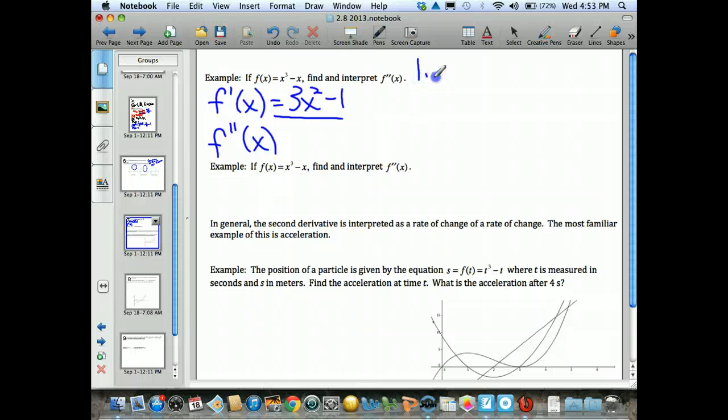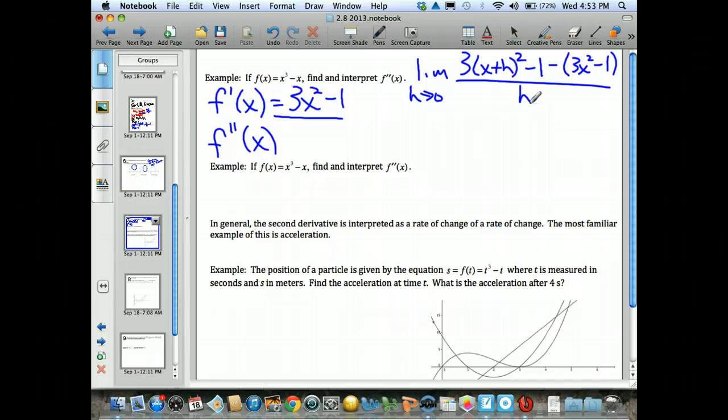So we end up with the limit as h goes to 0. Well, this would be 3 times x plus h squared minus 1, right? That's f of x plus h. And then minus f of x would be minus 3x squared minus 1, okay? All over h, right?